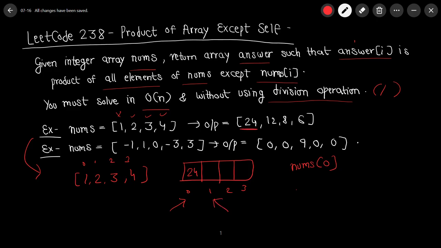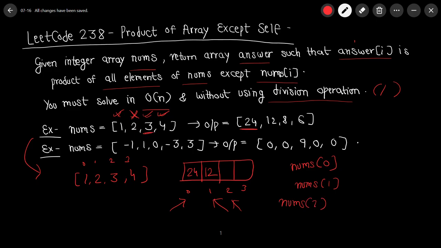Similarly, answer of 1 is the product of everything except nums of 1. That means we need to discard 2 this time. If we discard 2, what we have is 1, 3, and 4, and their product is 12. Similarly, answer of 2 would be everything except nums of 2.